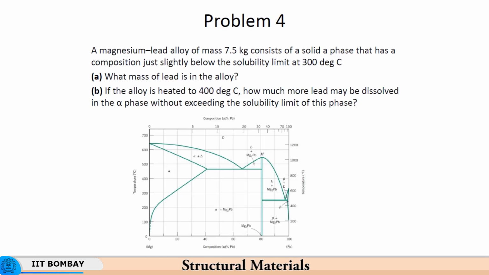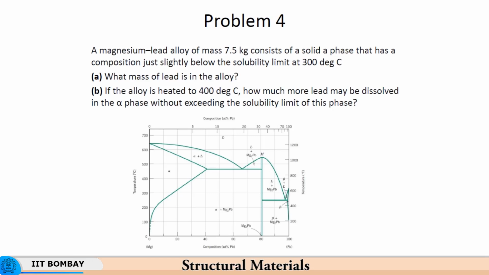This has a single melting point, because Mg2Pb is a single material, a single compound, and so it undergoes what is called congruent melting at point M, which is at around 550, under 600 degrees centigrade, and then this phase diagram shows two eutectic points.